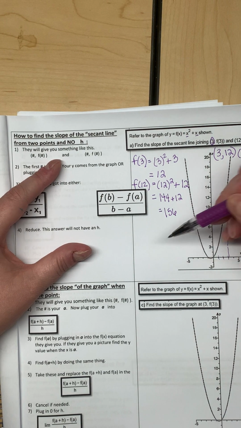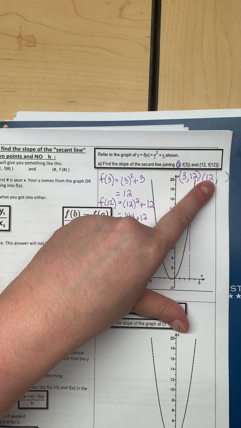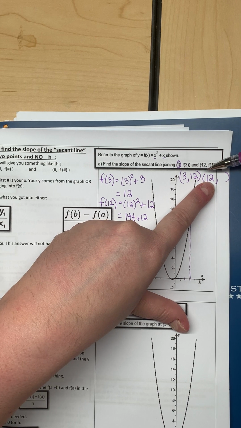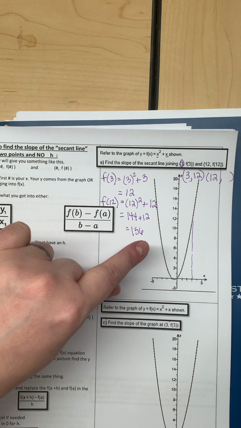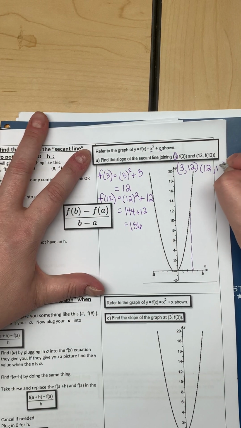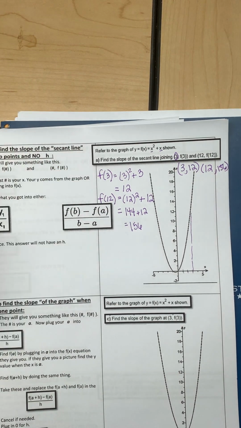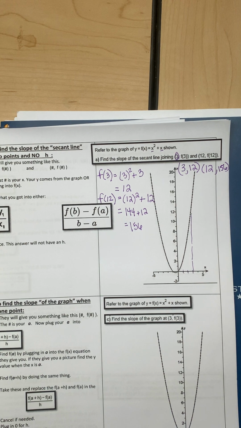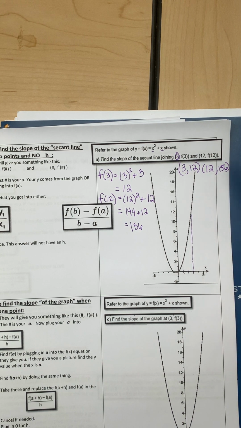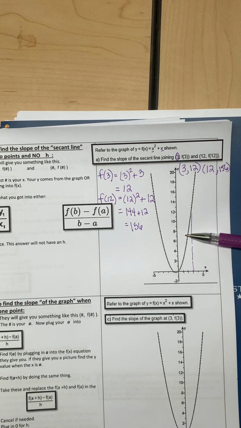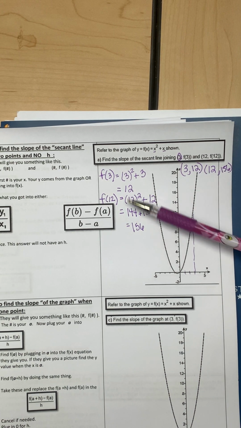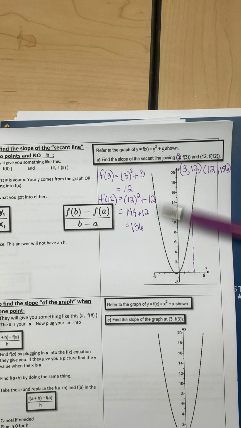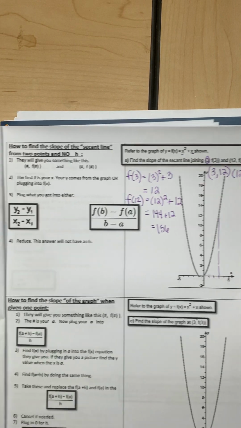So this point, 12 comma f of 12, is now 12 comma 156. Woohoo! So you either find these points from the picture, but ours did not have grid lines and was not big enough for the 12 and the 156, or you plug them into the equation like I did.